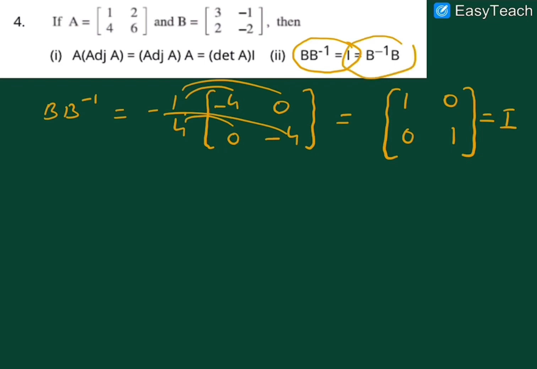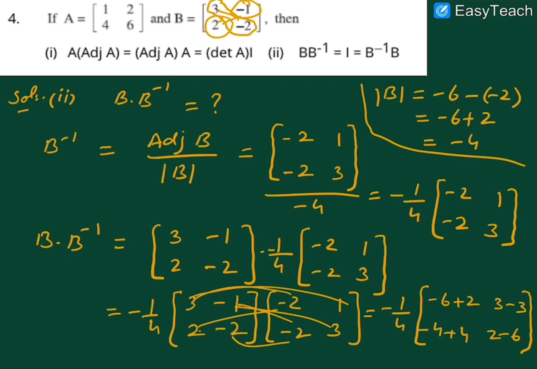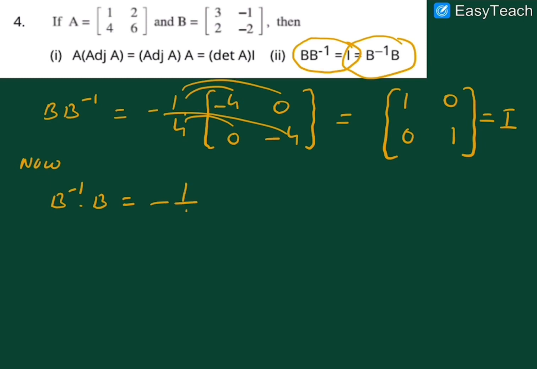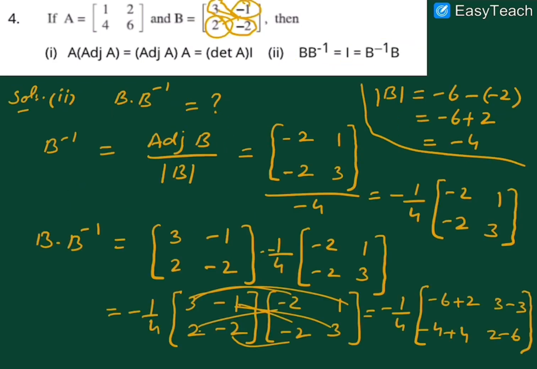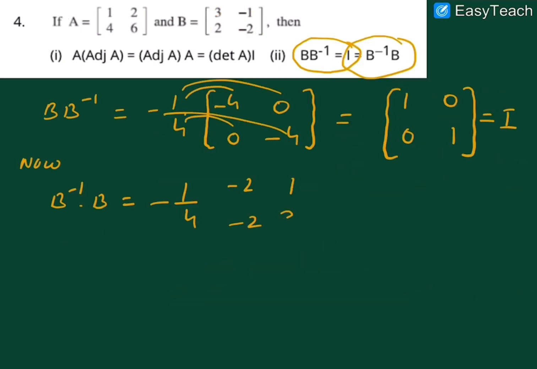Now we will prove this one. If we multiply B inverse with B, what will we get? What is B inverse? We just found it: -1 by 4 times [-2, 1; -2, 3]. And what is B? We have [3, -1; 2, -2].